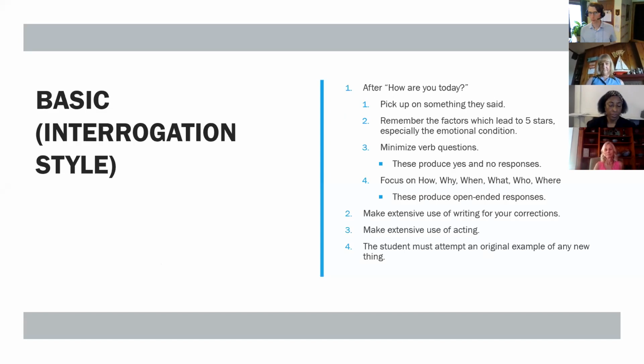So if the student is basic, which means you will be supporting them extensively, my impression is basically you are an interrogator because you have to ask questions to make the conversation move forward. So after you have them open up, how are you today?